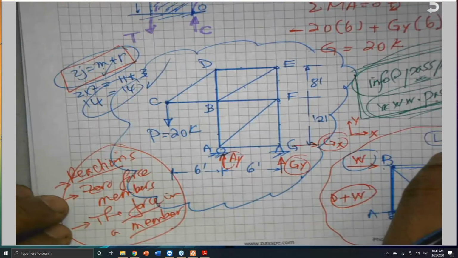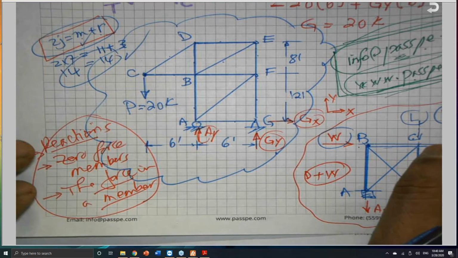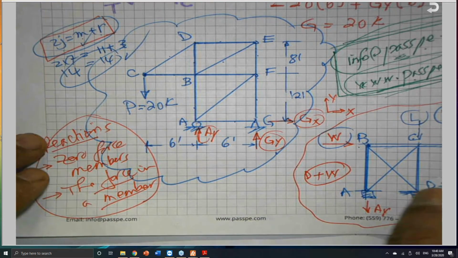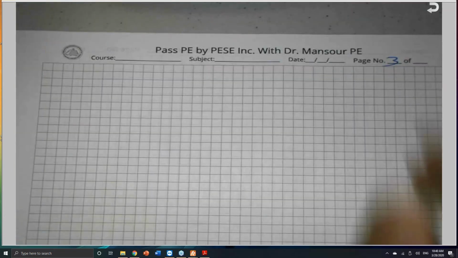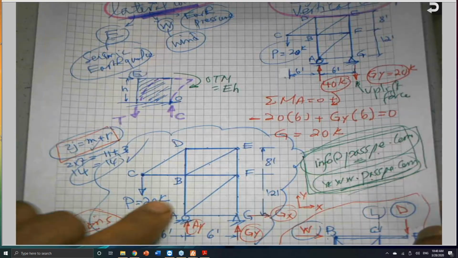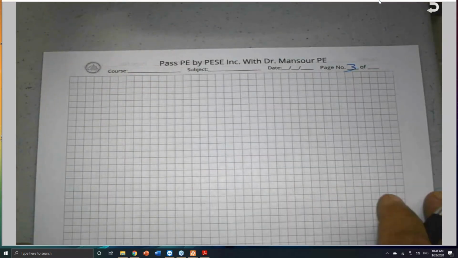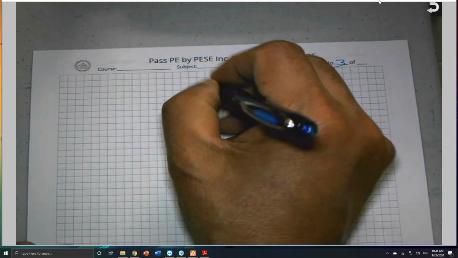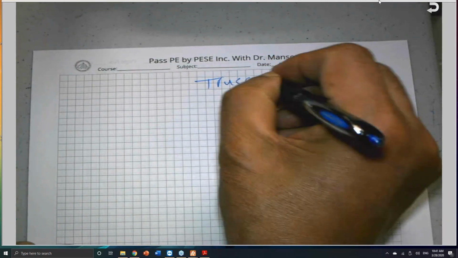So the trusses, as I said, another topic that we need to be aware of: the moment you see a truss problem on the exam, I don't want you to jump immediately and say, okay, I need to find the reactions.